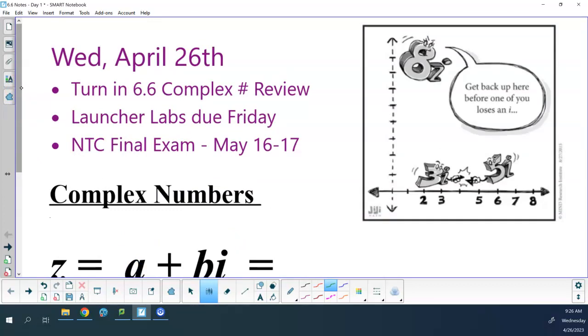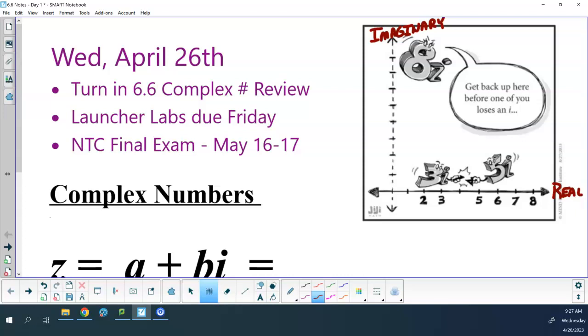The new coordinate system has the real axis as the old x-axis, or the complex coordinate system, and then it has the imaginary axis as the old y. So real is horizontal, imaginary is vertical.